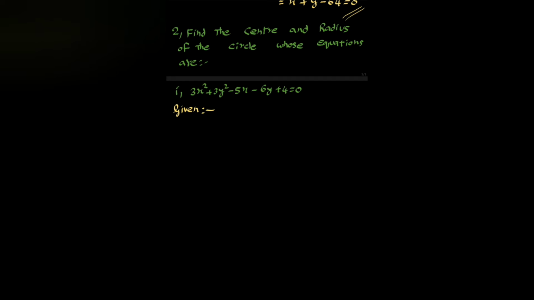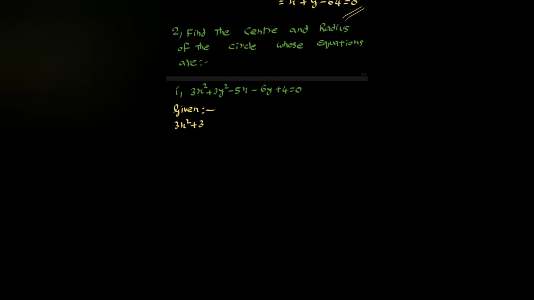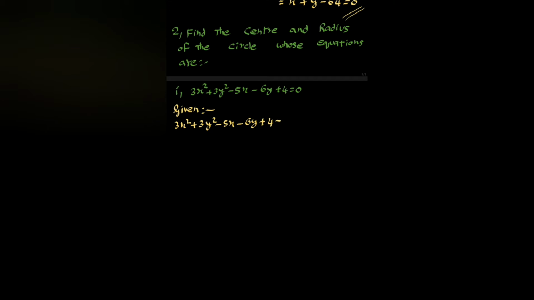Given 3x square plus 3y square minus 5x minus 6y plus 4 equal to 0. So first divide with 3.